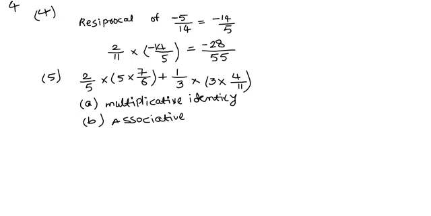Sixth question. Now we'll write the sixth one. Sixth question. Verify the following. We have to verify. First question they gave as 5 by 4 plus of minus 1 by 2 plus of minus 3 by 2 is equal to 5 by 4 plus of minus 1 by 2 plus of minus 3 by 2.